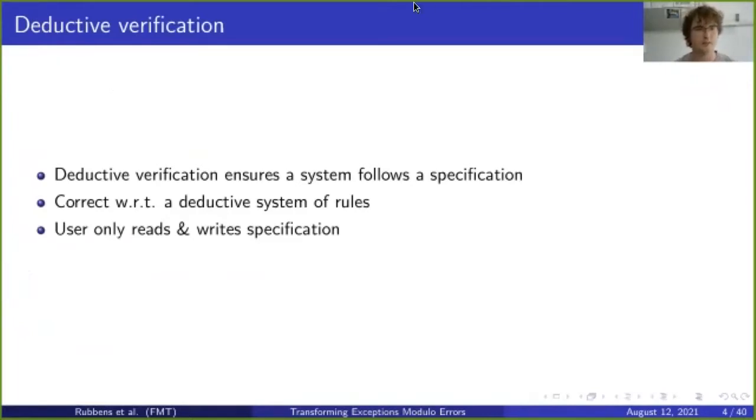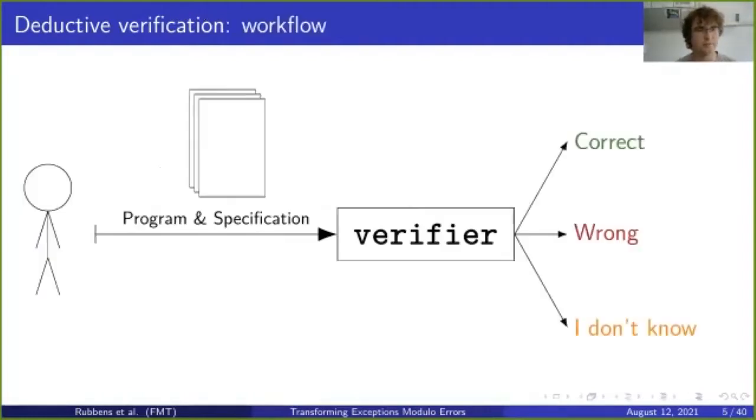So what this means is that a system is proven correct with regard to a deductive system of rules, which means that if you deductively verify a system, you follow a system of rules to show that the system actually follows a specification. Now, this is based on mathematical foundations, so you can be sure that once a proof is found, the system is actually correct. However, the user does not see any of this. The user only reads and writes the specification and, of course, the system.